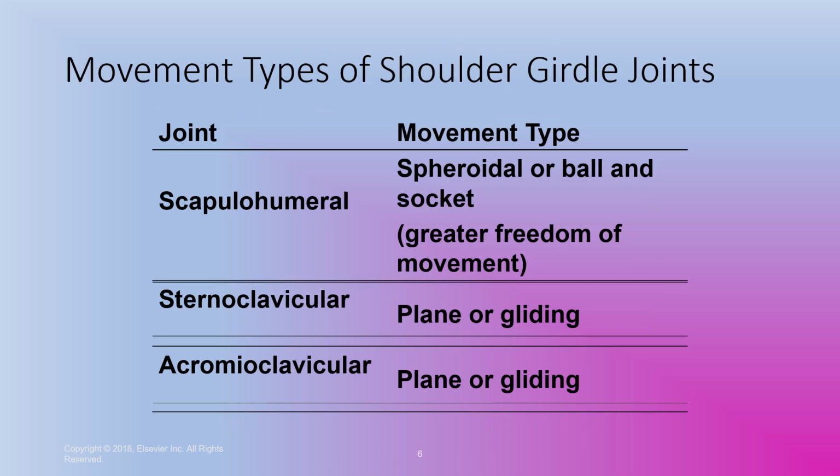When we look at the movement types in the shoulder girdle, the scapulohumeral, glenohumeral, or shoulder joint is a ball and socket. We mentioned that before. That allows for greater freedom of movement. The SC joints and the AC joints are both plane or gliding types of joints, so not a whole lot of movement between them.